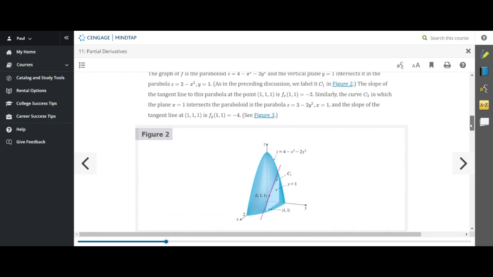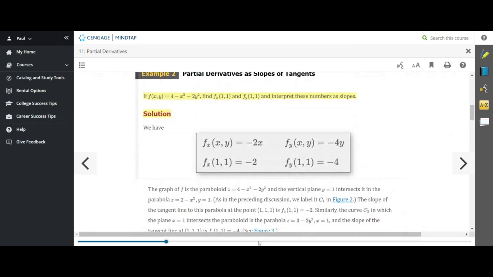The way we got that, IB, is right here: the partial derivative of f with respect to x equals -2. Wonderful. Now let's look at the partial derivative of this function with respect to y.